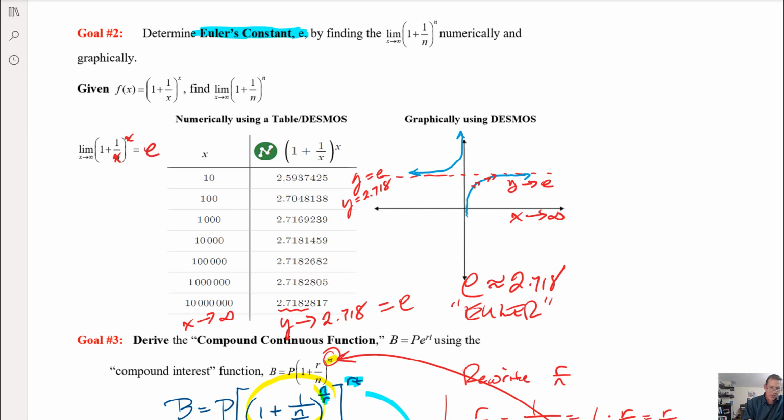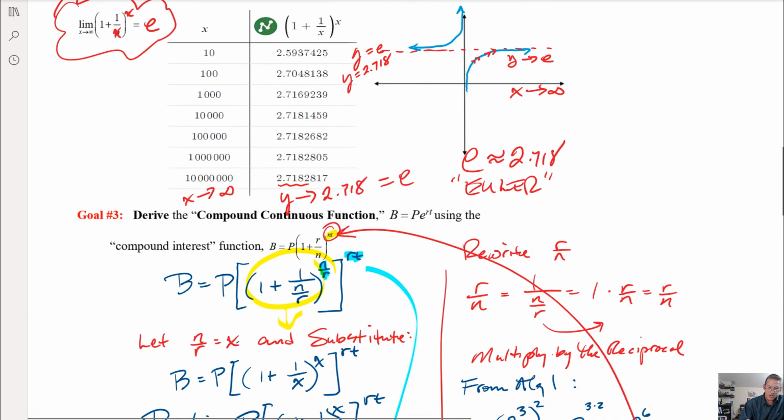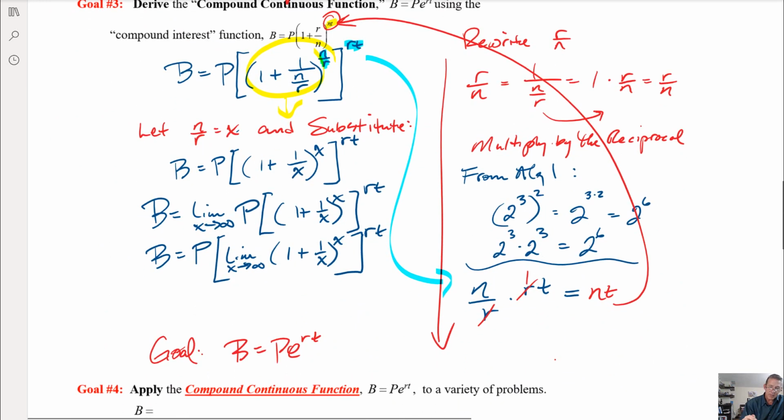Okay, it's actually equal to e. That was the limit, where e is 2.718. So because we know this, I get to apply it here. As soon as you take the limit of our function, this right here approaches e. So what I get is b is equal to p times, again, it approaches e, raised to the rt power.